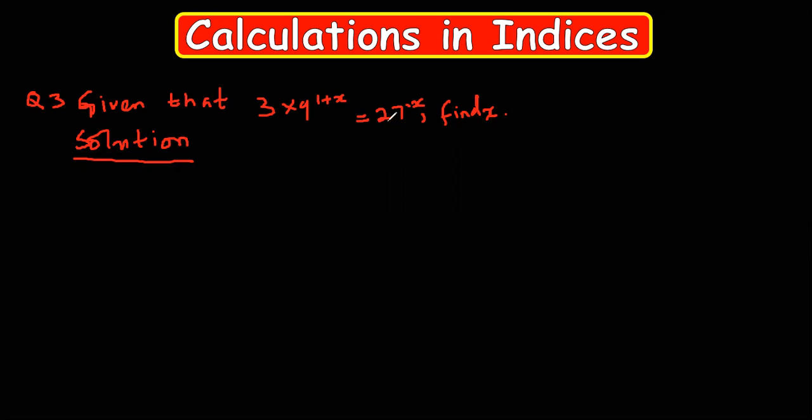When you look at this, the lowest base here is 3, so we are going to say 3 raised to the power of 1, times 3 raised to the power of 2 bracket 1 plus our x, then we close the bracket, equal to 3 raised to the power of 3 bracket minus this one x.